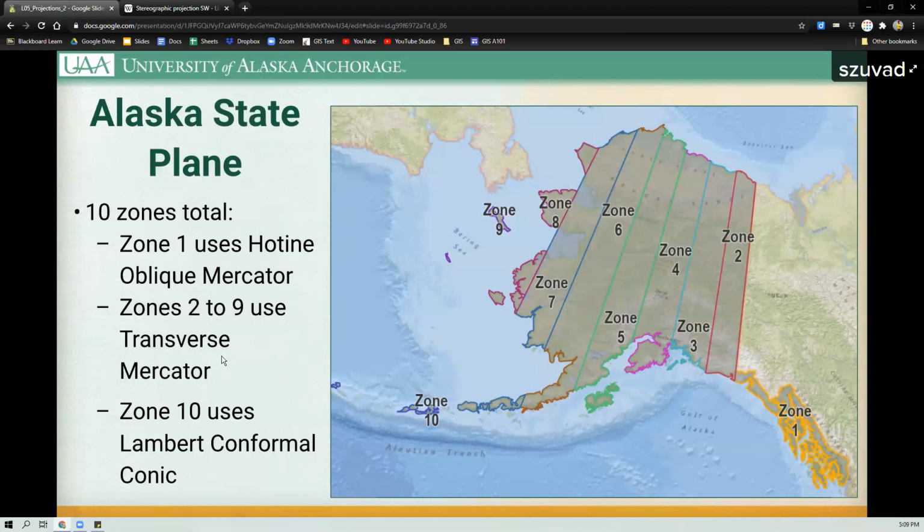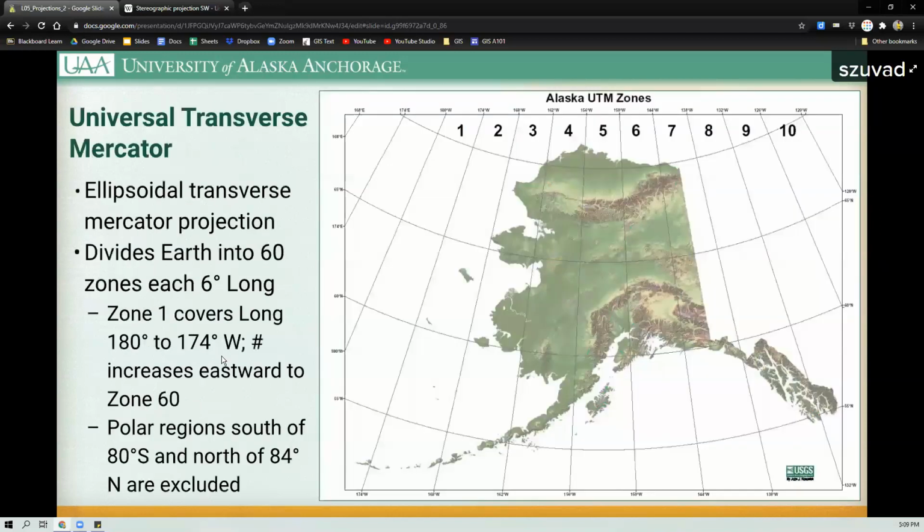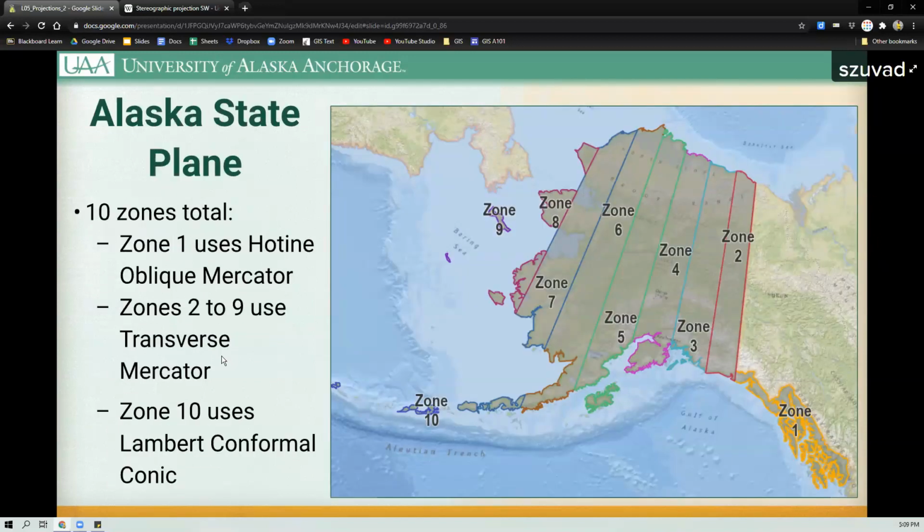Zones 2 through 9 use a transverse Mercator system, but the Aleutians use the Lambert conformal conic system. So we're calling them state plane, but they're not necessarily a planar projection. They're just an easting, northing, XY coordinate system applied on a small local level.